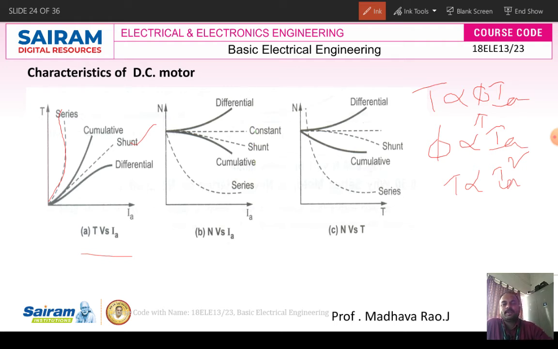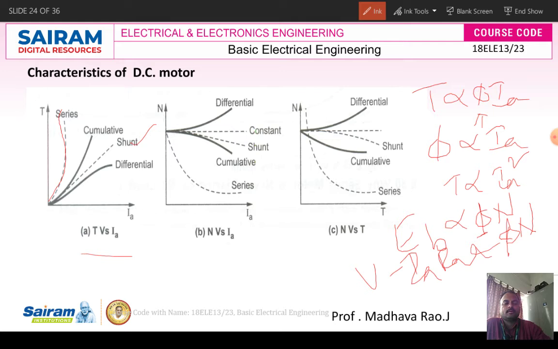And next one, speed. Here we know the back EMF formula, Eb is proportional to φ into N. For the shunt motor, φ is constant, so Eb is equal to V minus Ia Ra, proportional to φ into N. So when Ia increases, N will decrease, the speed will decrease.